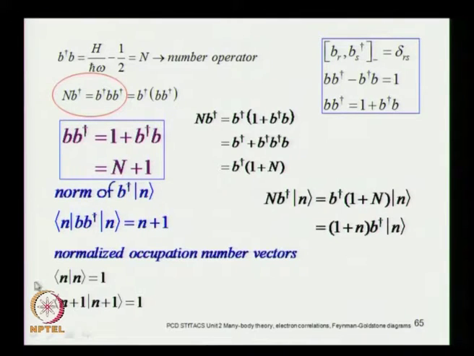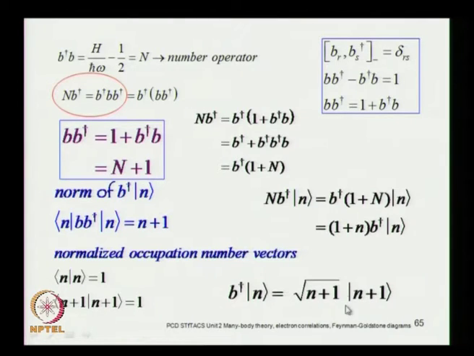Because again these vectors n and n plus 1 are independently normalized. So, that means that when b dagger operates on n, you get one extra excitation. So, the occupation number goes from n to n plus 1, but then the vector gets scaled by a factor root of n plus 1. It is exactly the same kind of analysis as we had in the previous case, right.